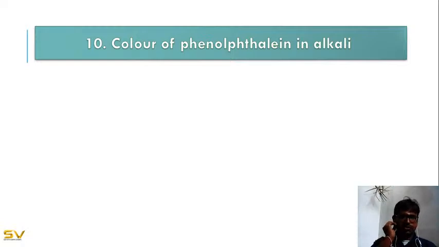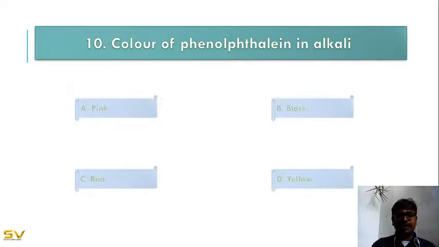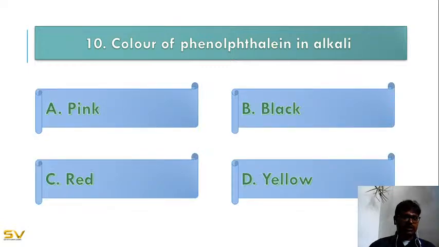This you have to think about. What is the color of phenolphthalein in alkali? If you know what alkali is, then you will know the answer. Option A, pink. Option B, black. Option C, red. Option D, yellow. So which is the correct answer?